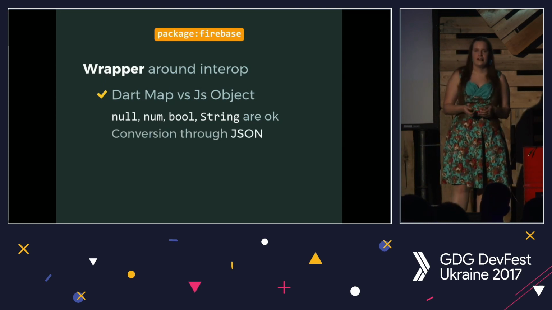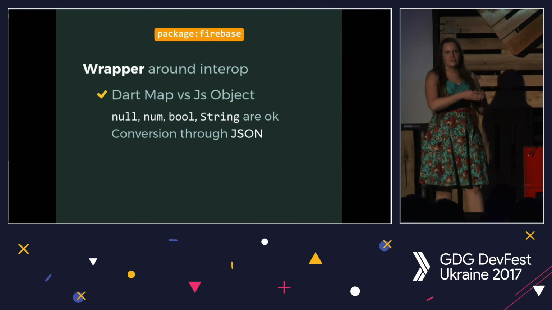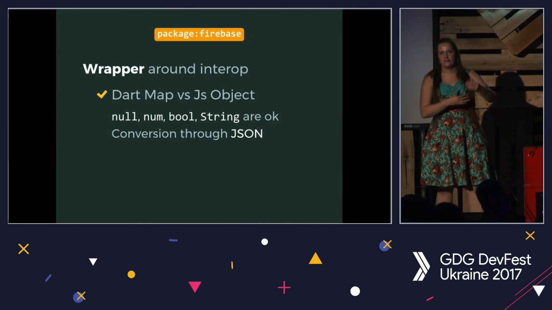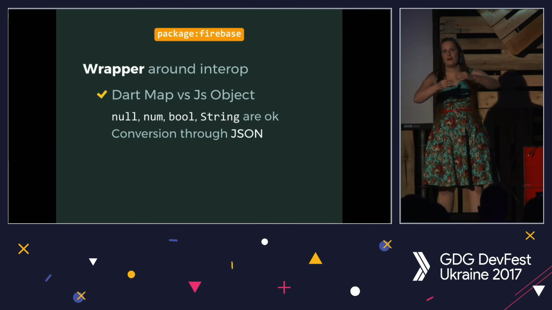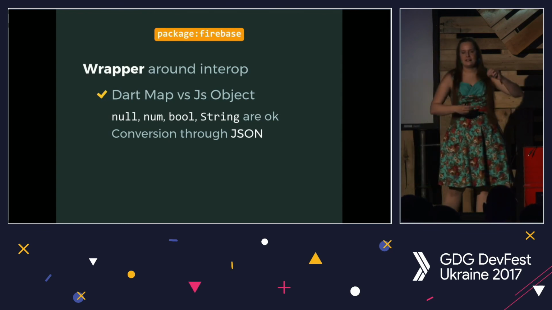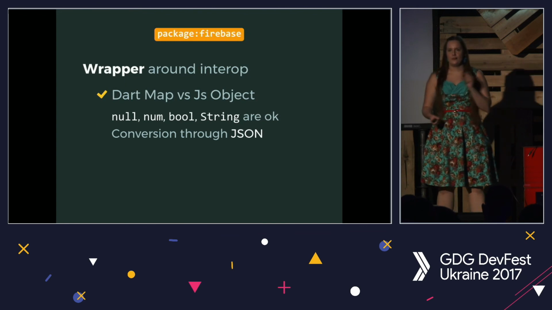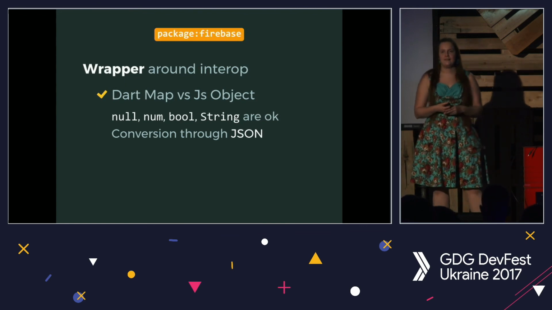First, we tried a solution through JSON. Okay, let's take a Dart map, convert it to a JSON string, and then use some interop to call a JavaScript method to parse this string and retrieve a JavaScript object. This worked quite nicely for some time, until I had to implement reCAPTCHA, which takes a map with keys that can also have functions as values.